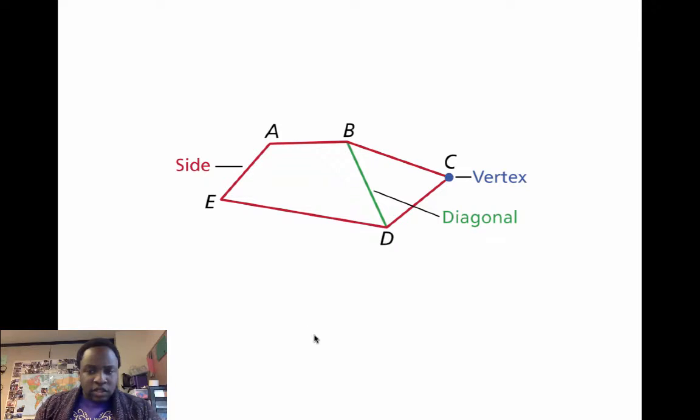And a diagonal is a segment that connects 2 non-adjacent vertices. So from point D, there are 2 diagonals, BD and AD. This is also a diagonal. Okay? So side, vertex, and diagonal.